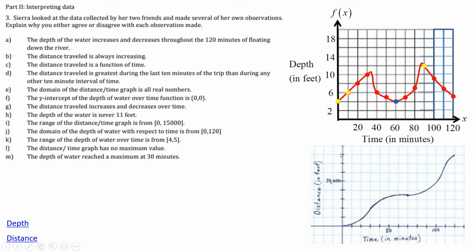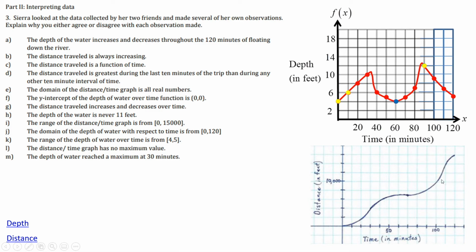Now, is there another interval where we traveled farther? Oh, look at from 100 to 110. Didn't we go from 10,000 feet to 14,000 feet in this 10-minute interval right there?